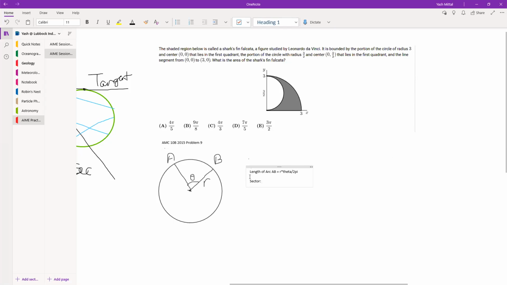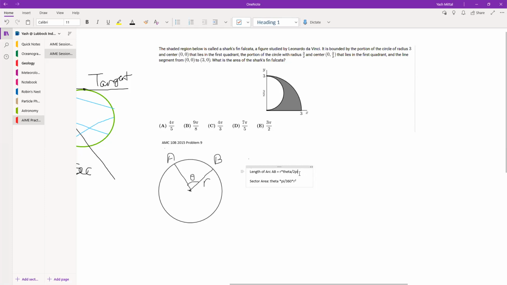The area of that sector, since a sector is really just an area, is going to be equal to theta times pi over 360 times r squared.